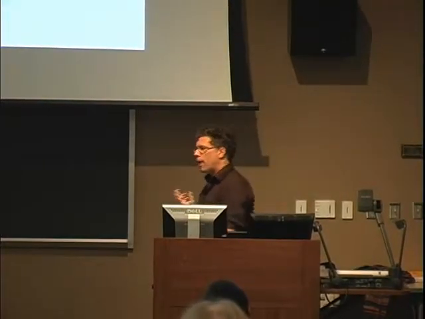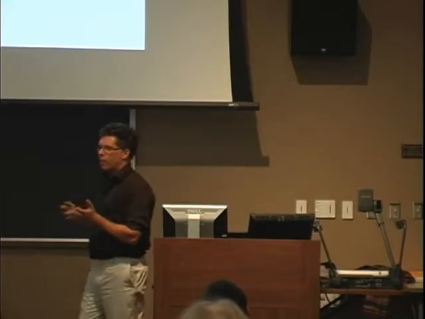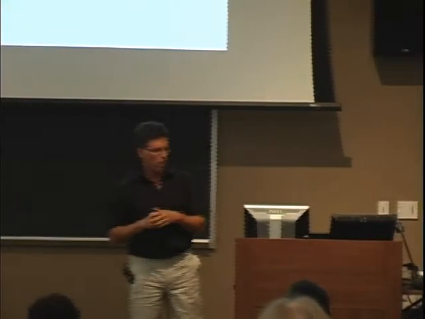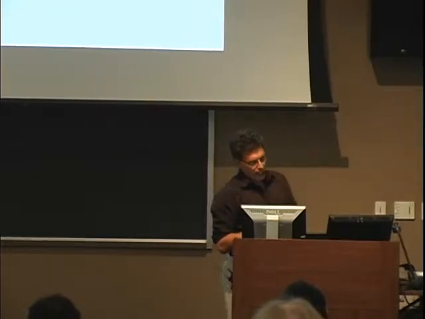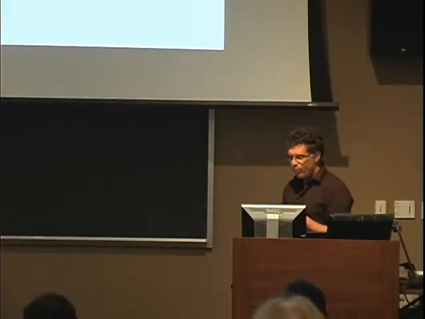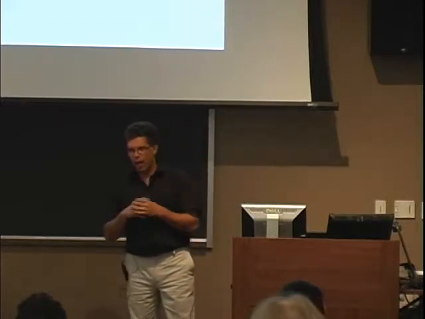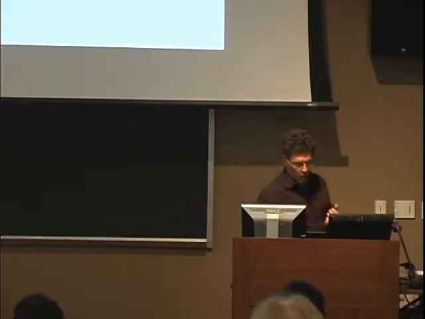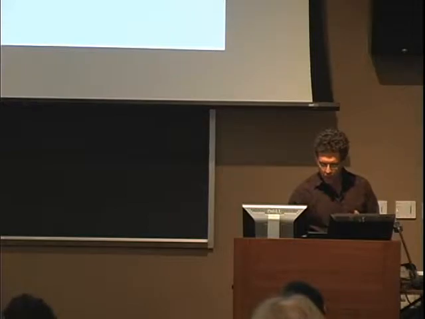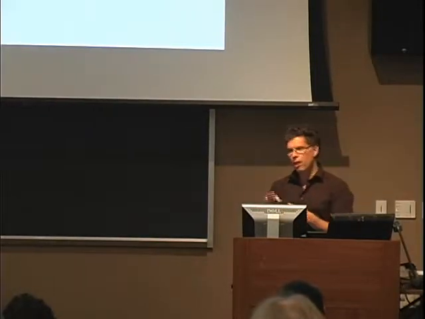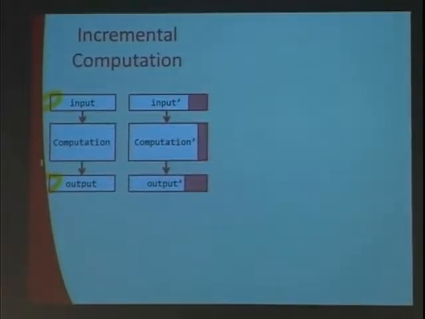Now what are the ways we can think about speeding up this compute mutate cycle? One way is known as incremental computation. So the idea is, suppose I'm thinking of this compute phase. It takes some input, and it's deterministic and produces some output. Suppose then the user comes along and just tweaks the input a little bit.